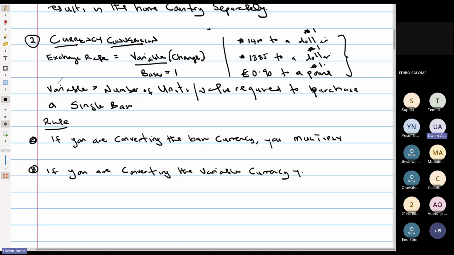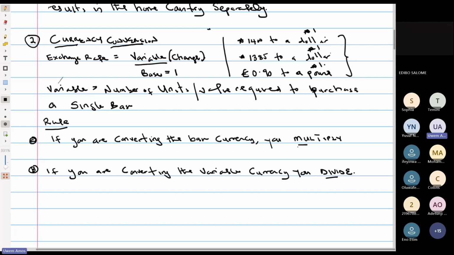It's as easy as that. The other concept we will discuss is the concept of direct and indirect quote, but that would only be applicable when we're doing advanced interest risk management.